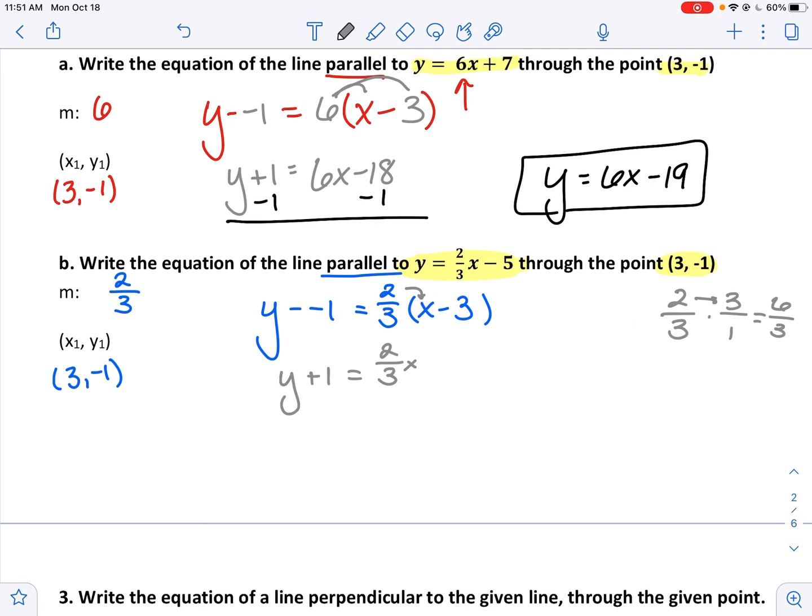And 6 divided by 3 is 2. And if you need help with multiplying fractions, you can check out that video. And then my last step would be to subtract 1 from both sides and get y equals 2/3 x minus 3.